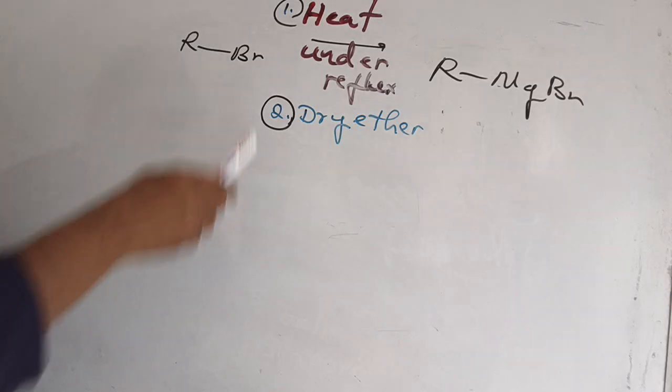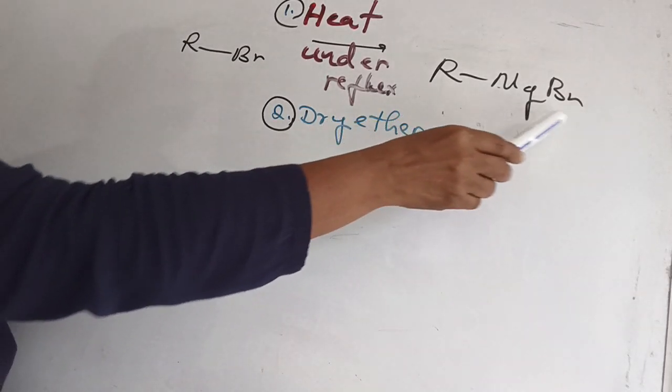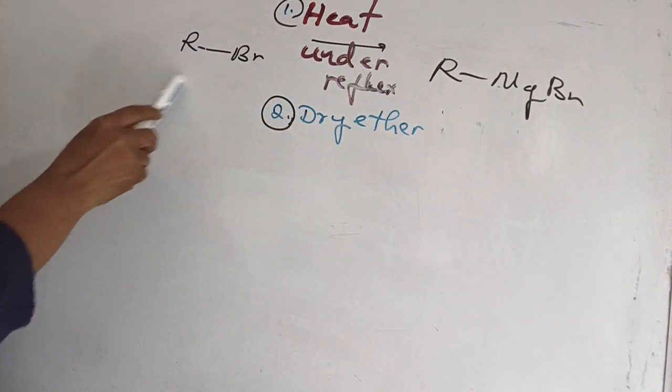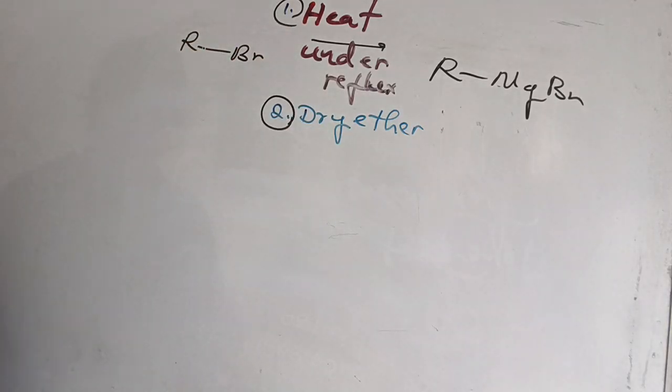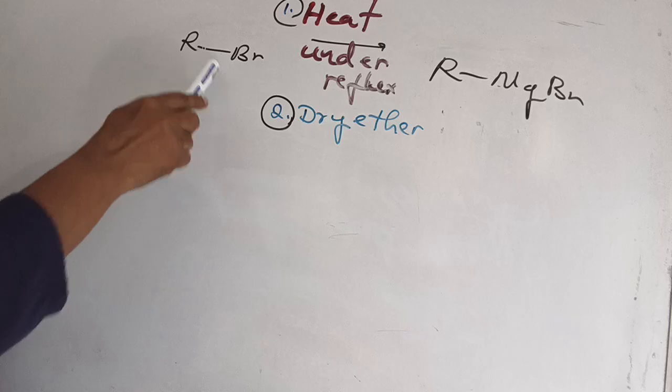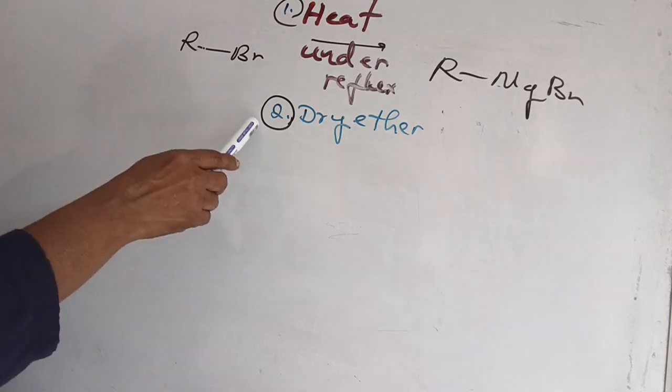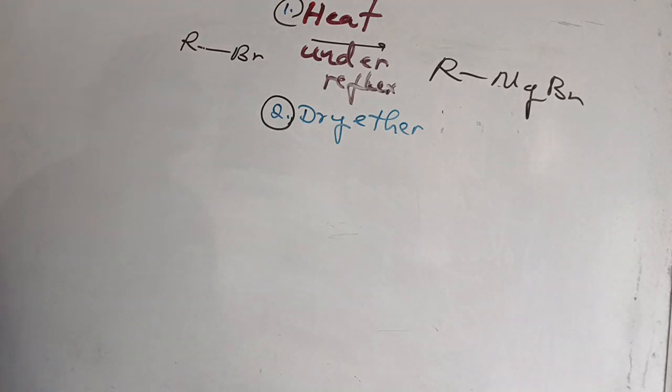The main part of the Grignard reagent, which is the R-Mg-Br, can be varied, but it is heated under reflux with dry ether. We use dry ether because Grignard reagents react with water, so we do not use any aqueous solution when handling the Grignard reagent. So the solvent is always dry ether.